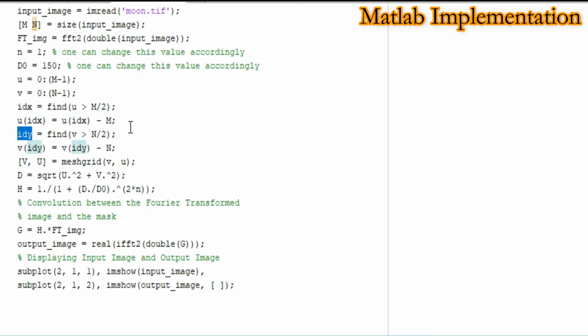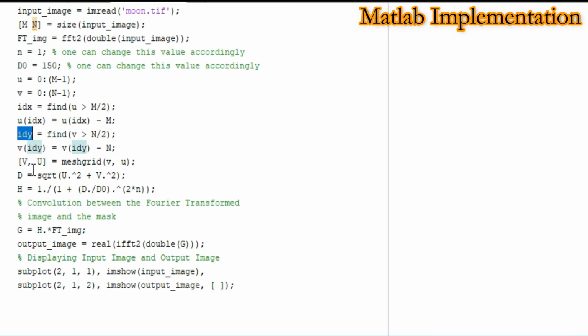When we are finding the distance value, the formula is the square root of (u minus m divided by 2) whole square plus (v minus n divided by 2) whole square. So u minus m is the u index and v minus n is the v index.